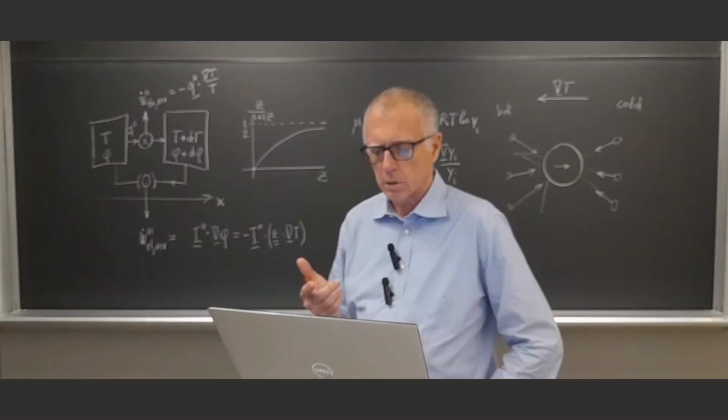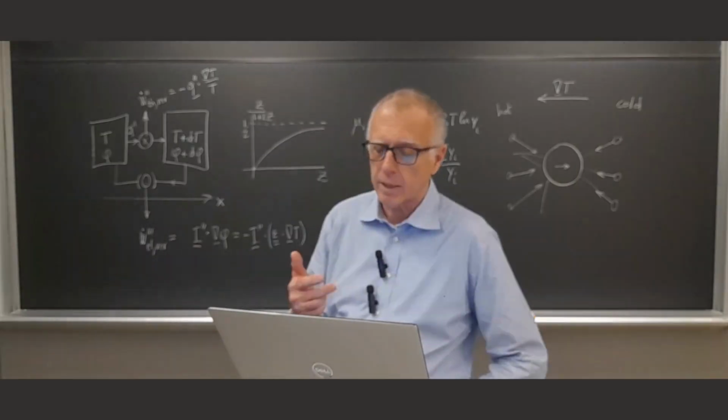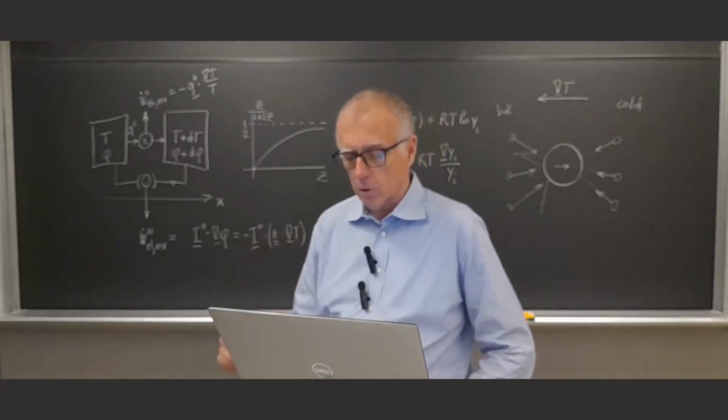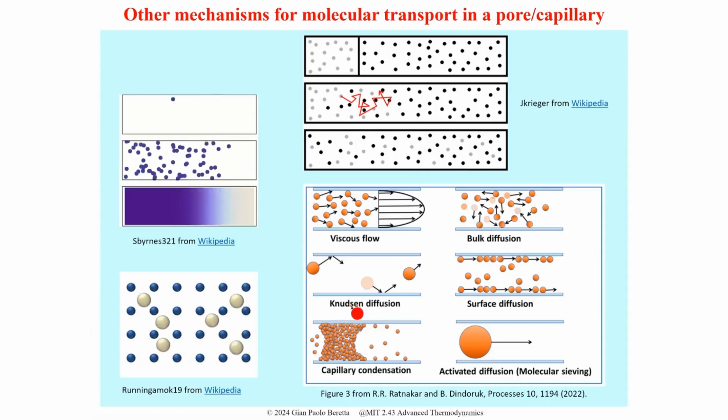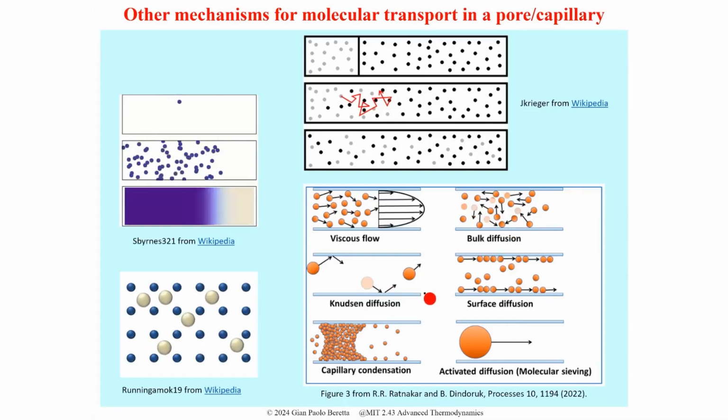So this is not dominated by collisions between particles, but it's dominated by collisions between particles and the walls of your device. Plus, there are surface effects, and so you see there is a variety of things that need to be considered.